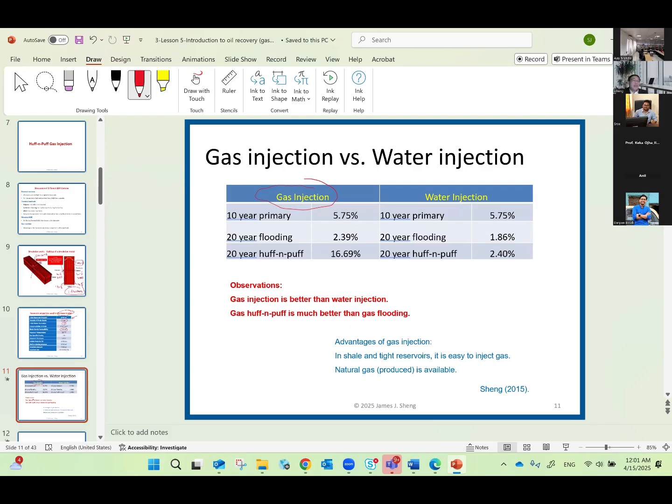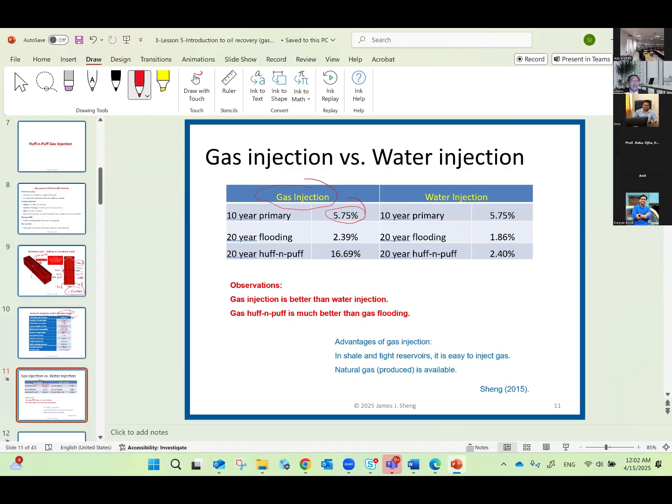So now this model shows from primary production for 10 years, we only produce 5.75%, which is consistent with the practice average.